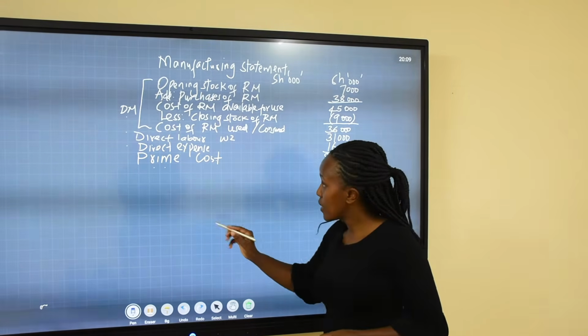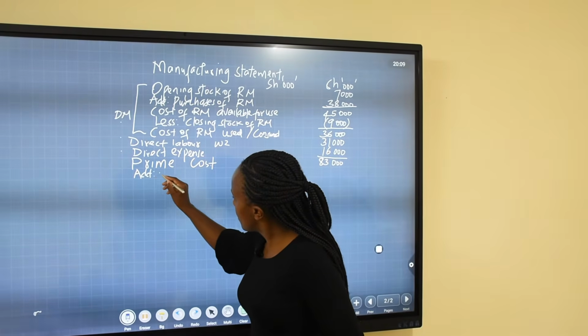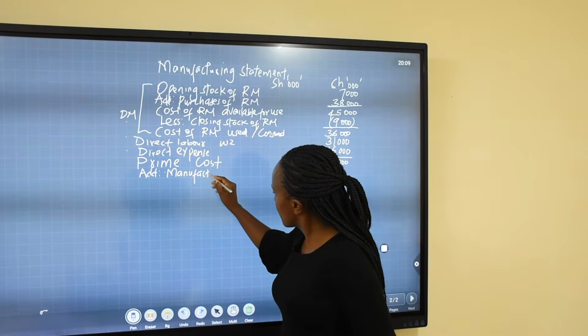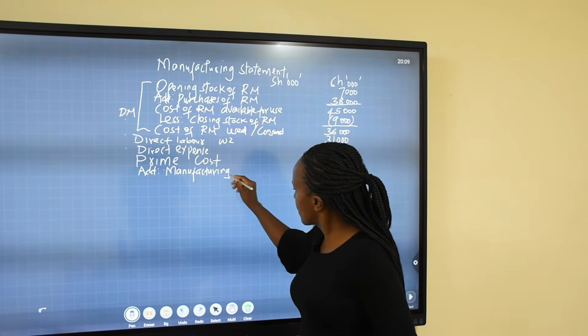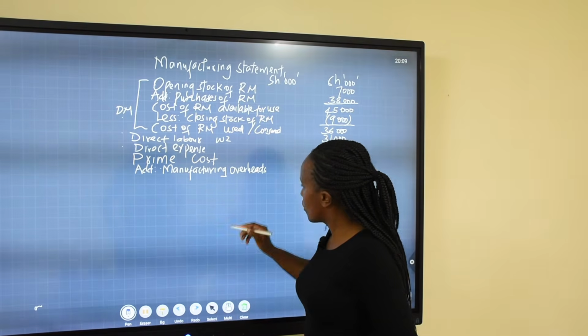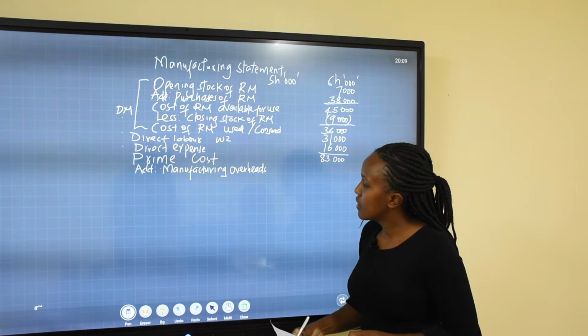Okay, so after getting the prime cost, we are going to add manufacturing overheads, or what you call factory overheads.